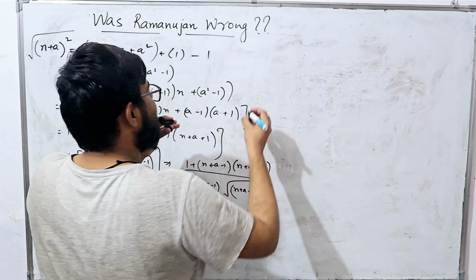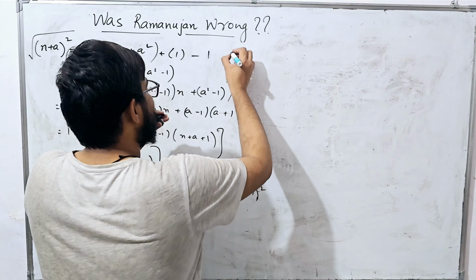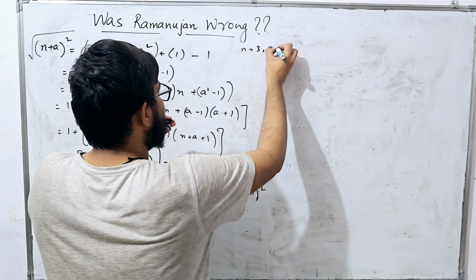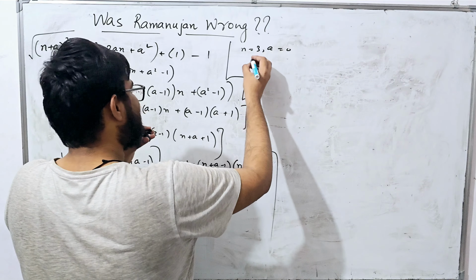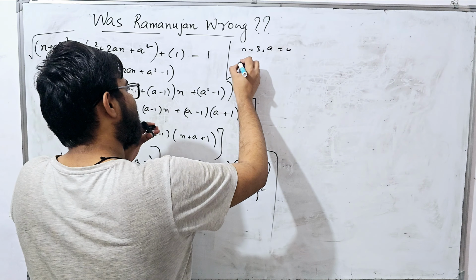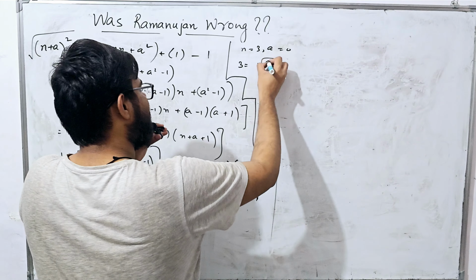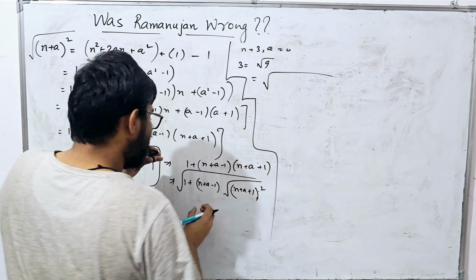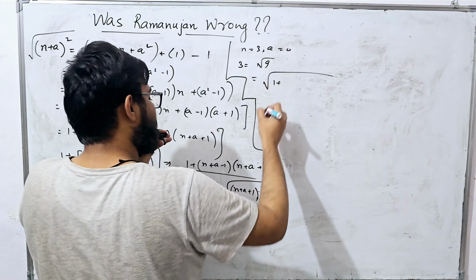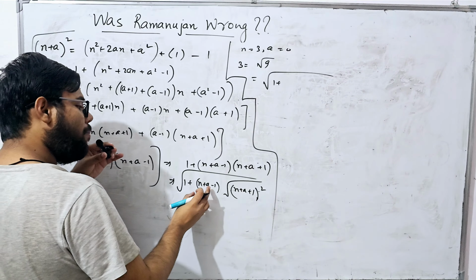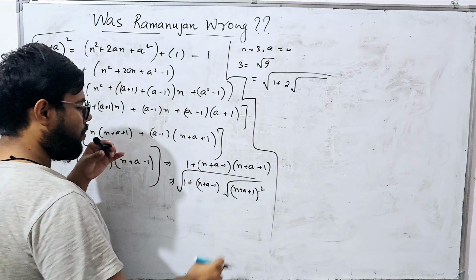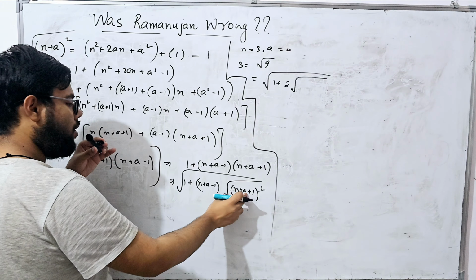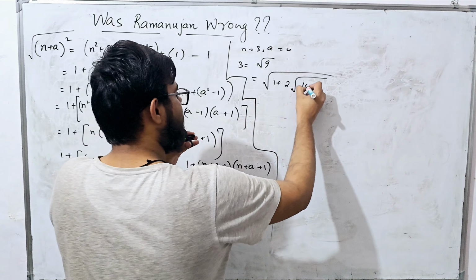So basically we can say that if you substitute n is equal to 3 and a is equal to 0, we get the expression as 3 is equal to root 9 is equal to this expression: 1 plus (3 plus 0 minus 1) which is 2, times the quantity (3 plus 0 plus 1) which is 4.